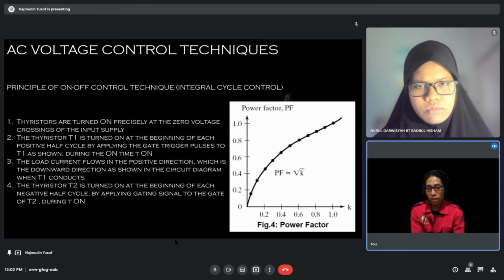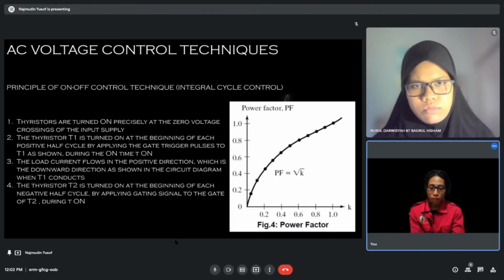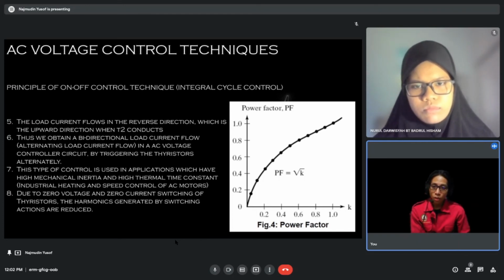The transistor T2 is turned on at the beginning of each negative half cycle by applying a gating signal to the gate of T2 during T on. Next, the load current flows in the reverse direction, which is the upward direction when T2 conducts. Thus, we obtain a bidirectional, alternating load current flow in an AC voltage controller circuit by triggering the transistors alternately.